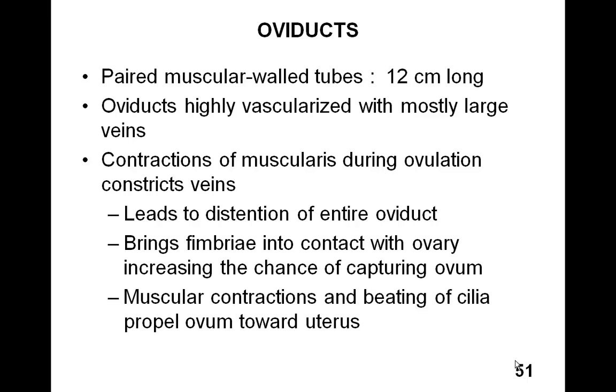And the constriction of those veins is going to deform, so to speak, the wall of the oviduct and cause it to be extended. That movement is going to move the distal region of the oviduct closer to the ovary.